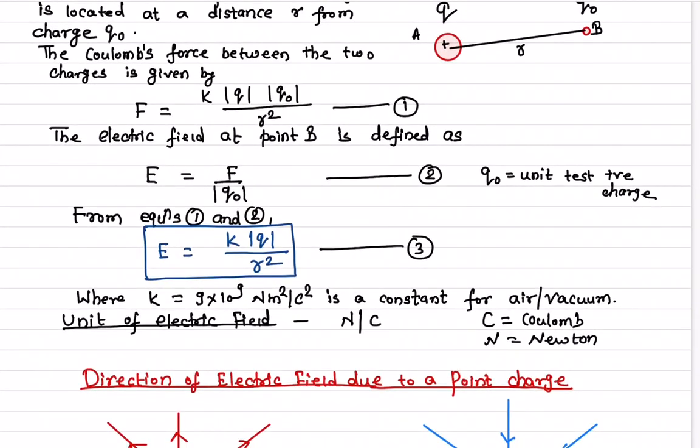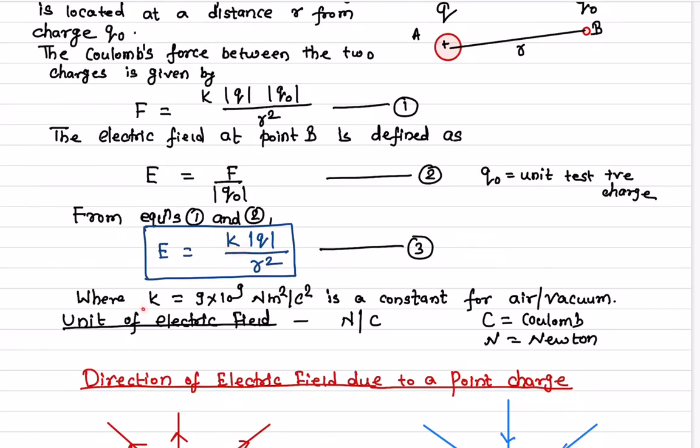Now if we divide the force by the charge Q naught, then you see from this equation, this will be the electric field, KQ over R squared. So the electric field at any point is defined as KQ over R squared. This gives you the equation for calculating the electric field at any point.